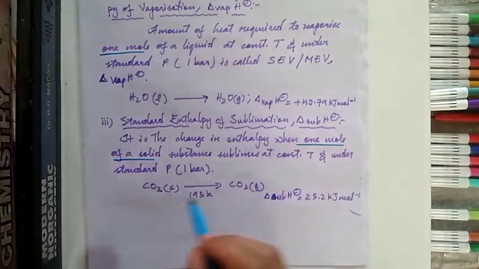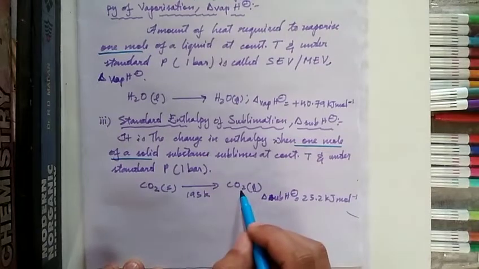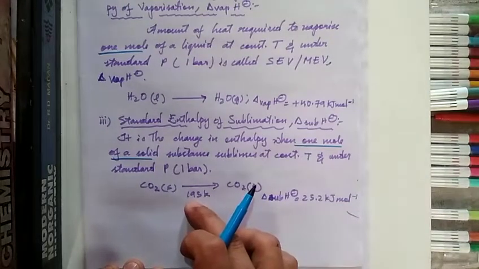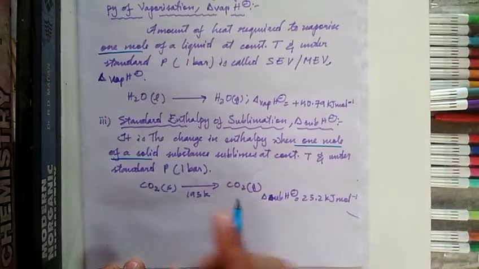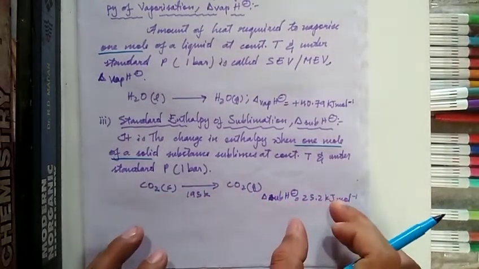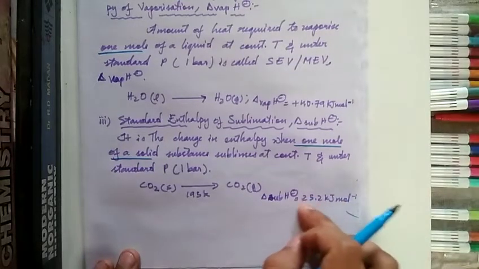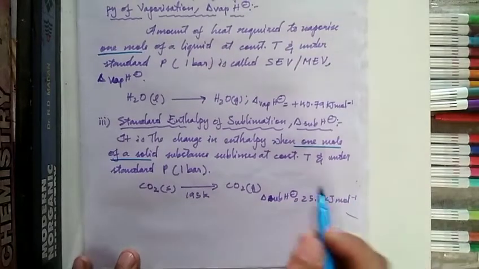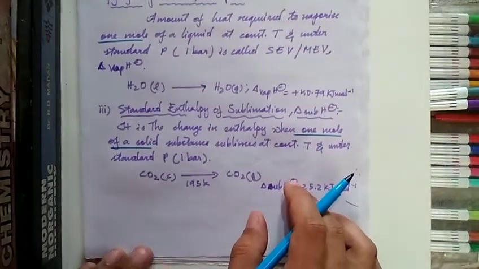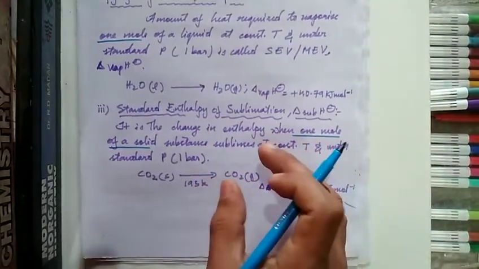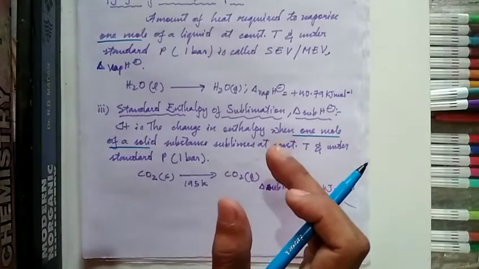So CO2 sublimes into CO2 gas, or vapor, at 195 Kelvin. Heat is supplied, and in this process also heat is absorbed, that's why this enthalpy is positive, 25.2 kilojoule per mole.